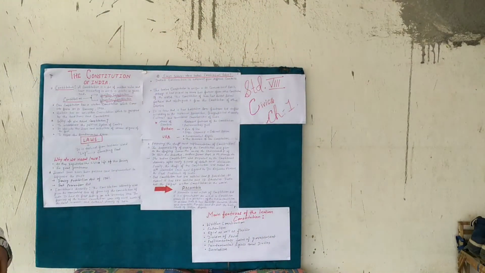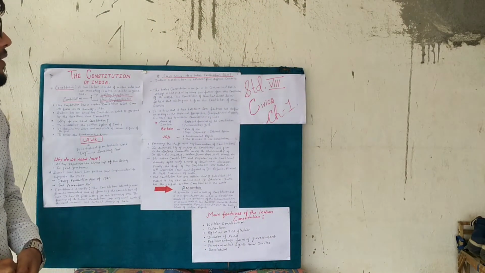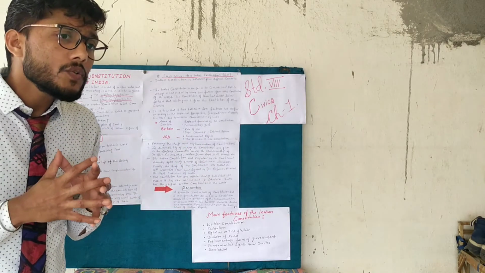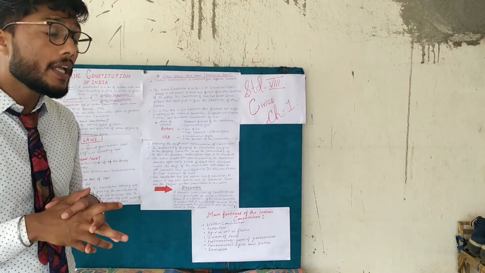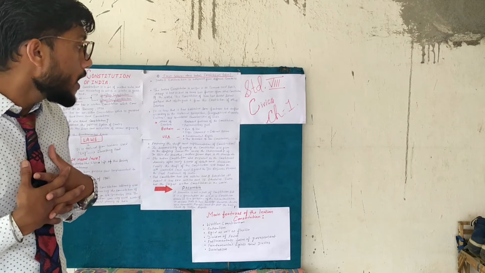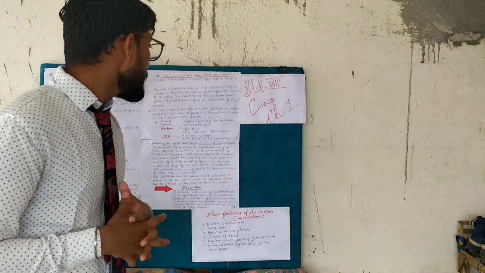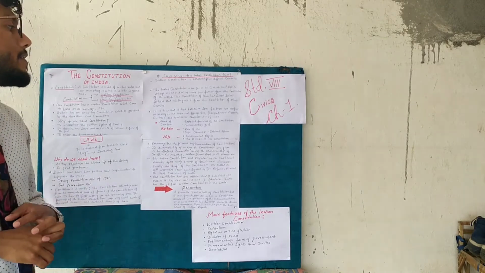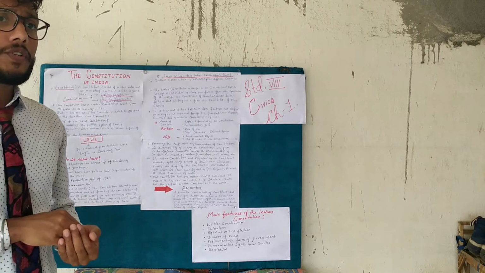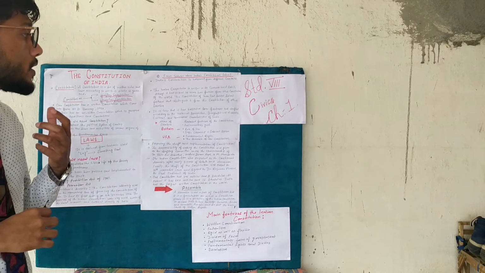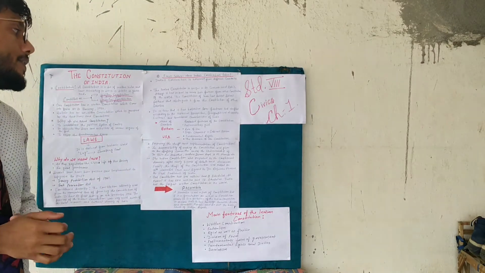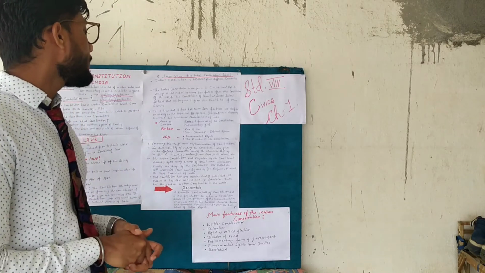It is true that it has borrowed some features from different countries, but it was drafted according to the historical perspectives, geographical diversity, and cultural and traditional characteristics of India. For drafting India's Constitution, they kept all of these in mind.